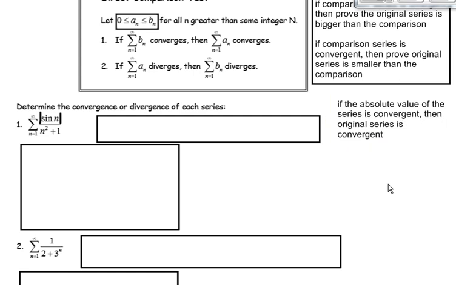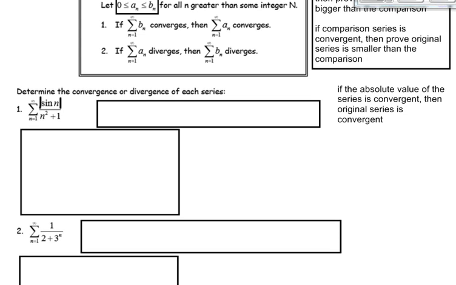Okay, so knowing that, and like I said, this is just kind of a little aside that we'll go into more depth in a later video, that we're going to apply here. Okay, so the absolute value of sine n is what I'm going to look at and prove that that's convergent, and therefore the original one would be convergent. Okay, so we still need to compare this.